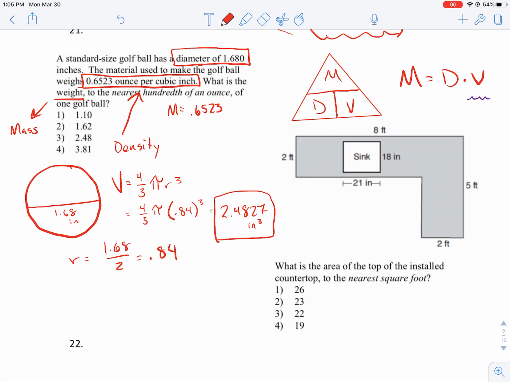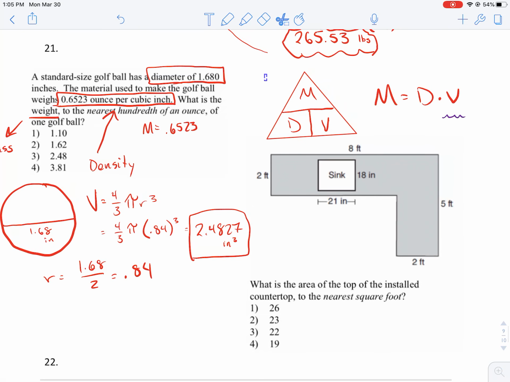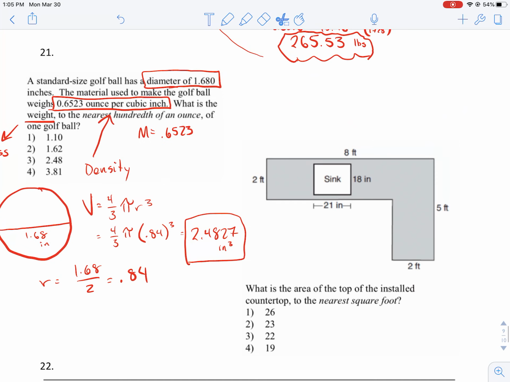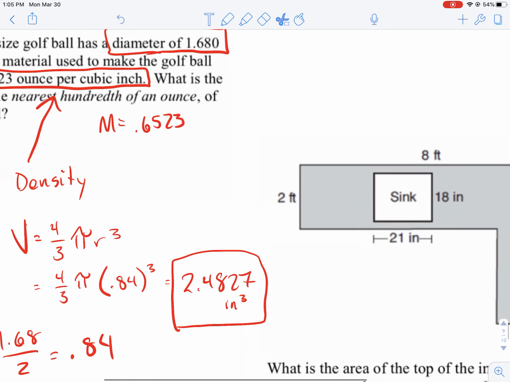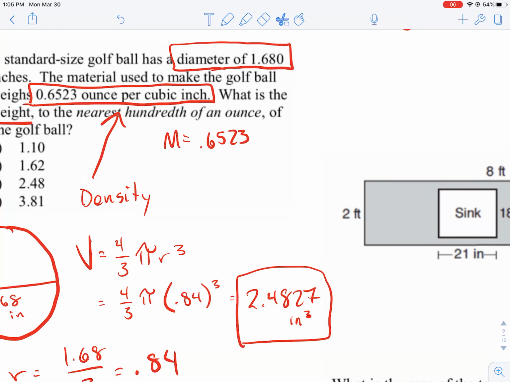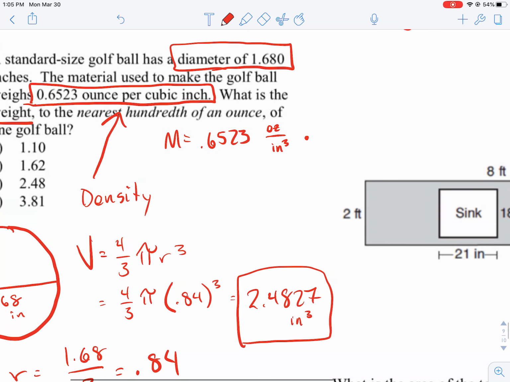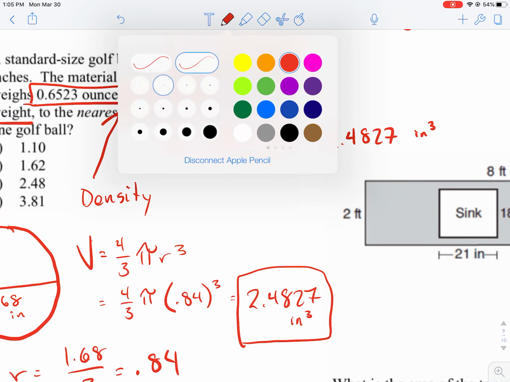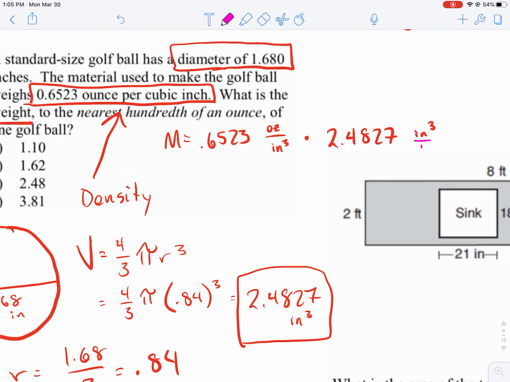All right, so we have our volume, we have our density, 0.6523. Let me clear some space here. So mass is equal to 0.6523 ounces per inches cubed, times my volume, which is 2.4827 inches cubed.